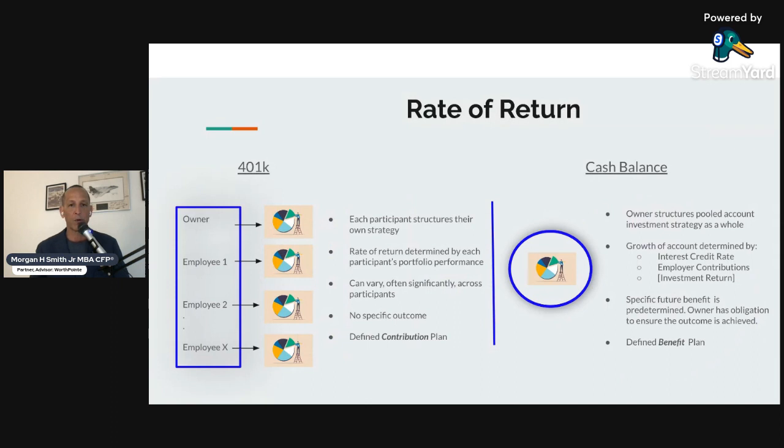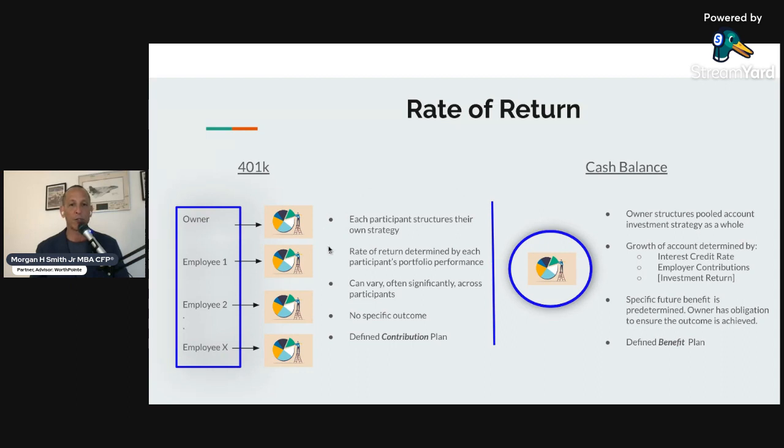So for the 401k, let's talk about this idea of how the investment portfolios work and the rate of return and some of those issues. Definitely a question that the business owner wanted some answers to, and just wanted to clear this up. So again, in a 401k plan, each participant structures their own investment strategy.